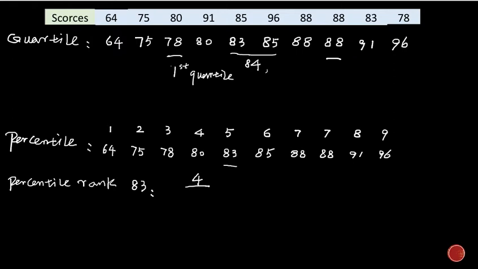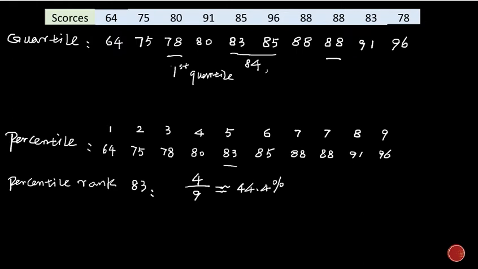Is it 10 or 9? 9. So 4 over 9 is approximately equal to 44.4%.